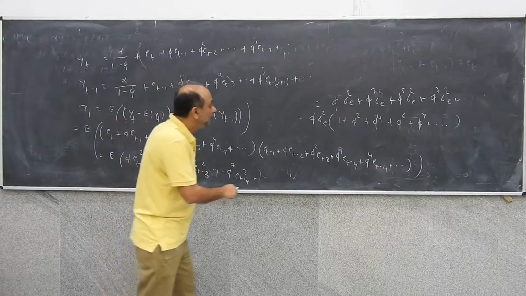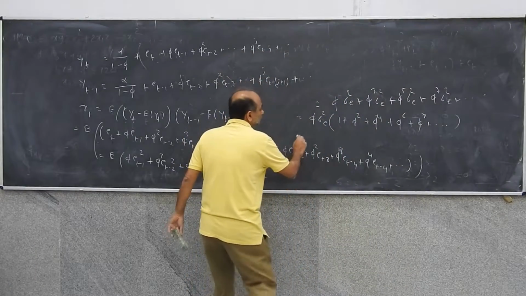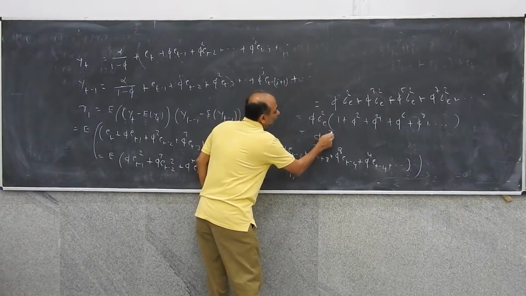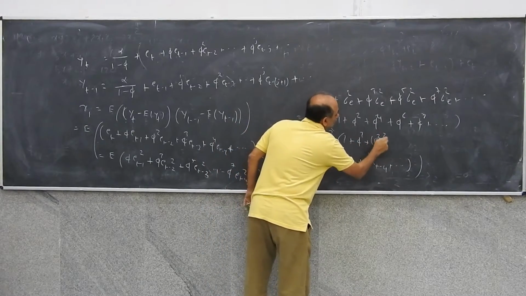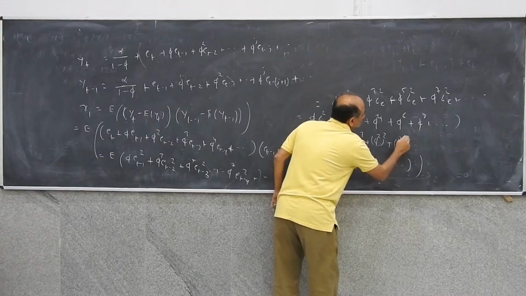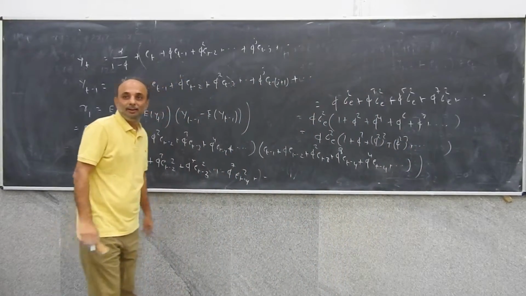Okay. Now this is equal to phi sigma square into 1 plus phi square plus phi square square plus phi square cube, and so on. You see?